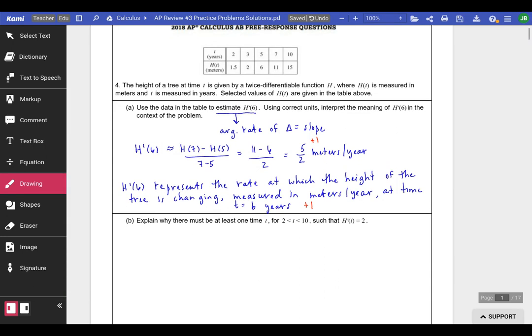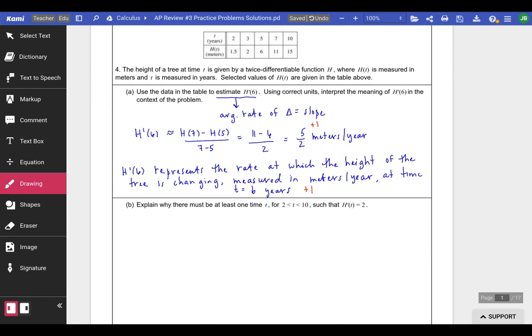All right, part B, it says explain why there must be at least one time t on the interval between 2 and 10 such that h prime of t is equal to 2. Now, as soon as you see them asking you to guarantee that a function takes on a specific derivative, that should make you think about the MVT, the mean value theorem.